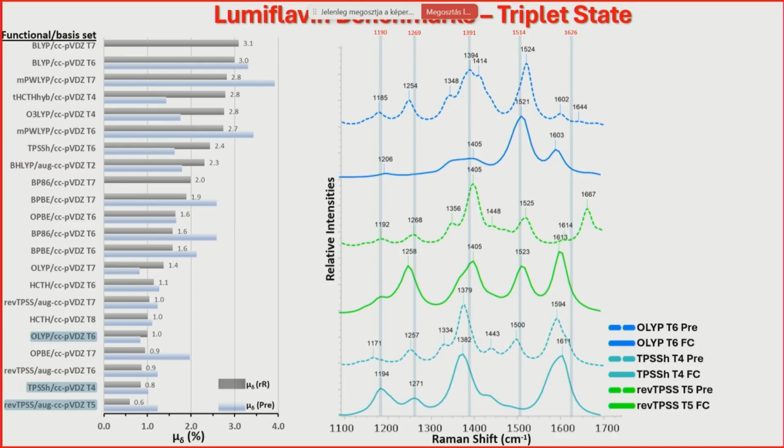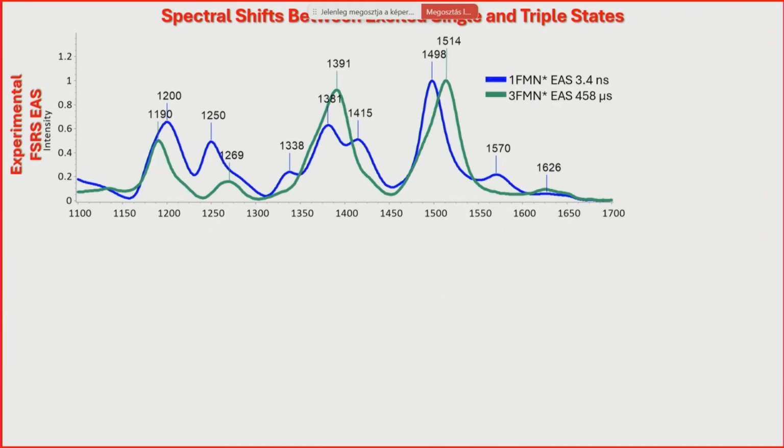You can see there is a mixed picture. Which is the best methodology to approximate the triplet state, where you have this triplet-triplet transition in that pre-resonance window, is still not conclusive.